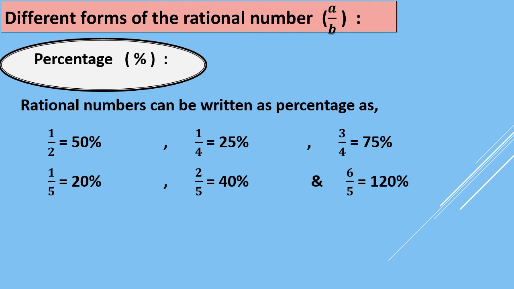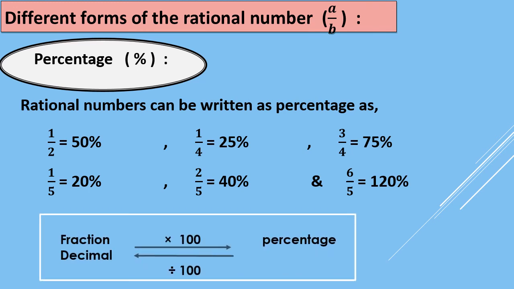One over 4, we can multiply by 100%, equals 25%. 3/4 times 100% equals 75%. 1/5 equals 20%. 2/5 equals 40%. 6/5 equals 120%.